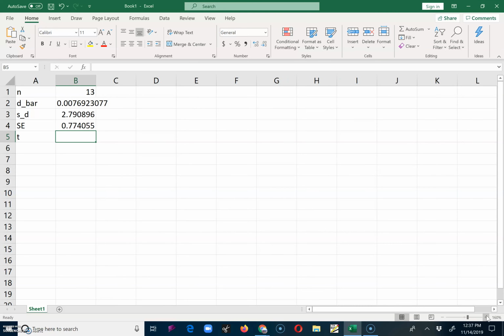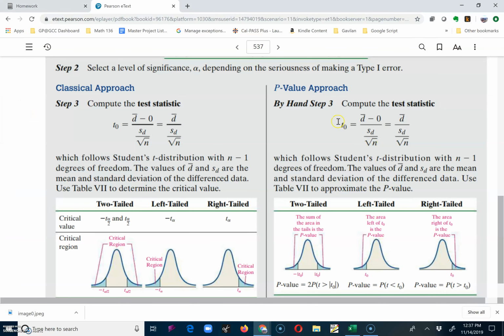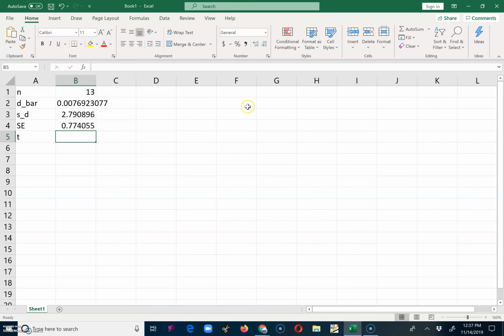And now, continuing to follow this textbook, this is just essentially the z-score. It's the observed mean difference minus the hypothesized mean difference, that's coming from H0, divided by the standard error. So t is going to be d bar minus 0, I'm not going to write it, divided by the standard error.